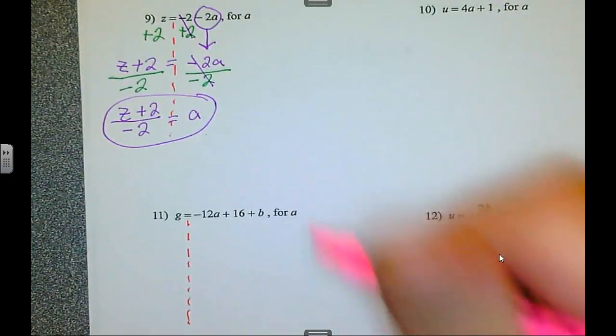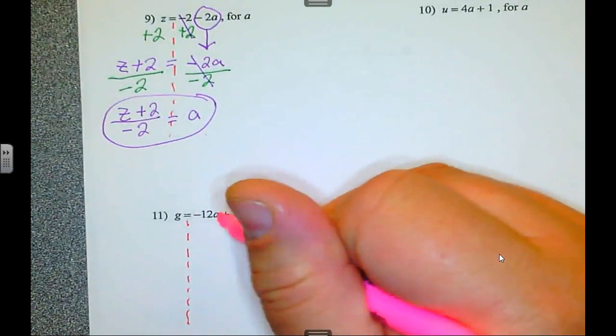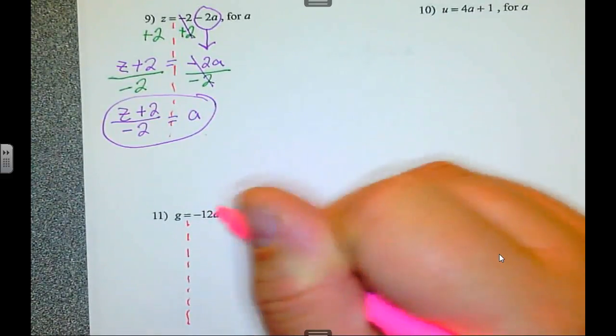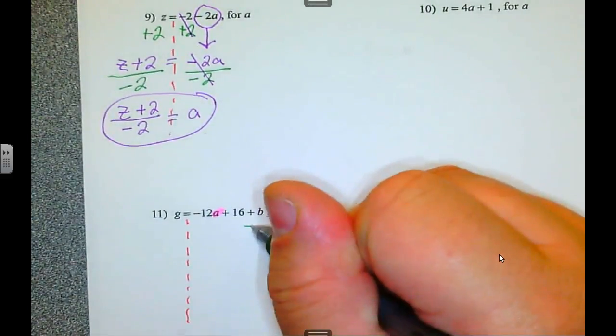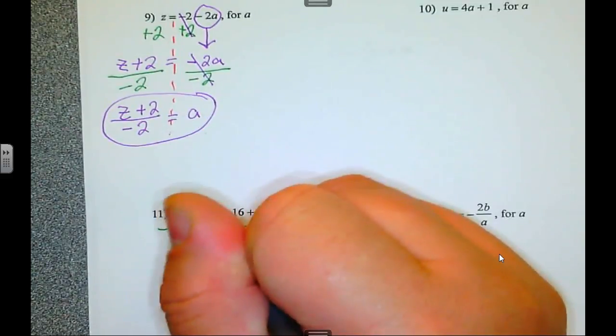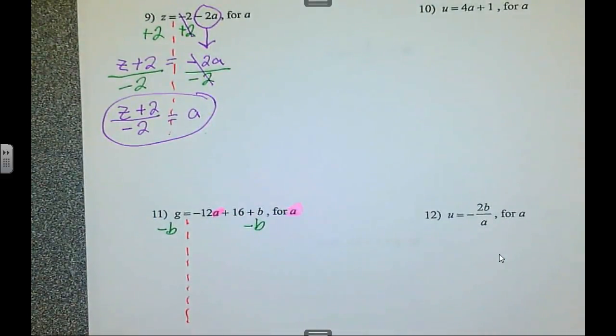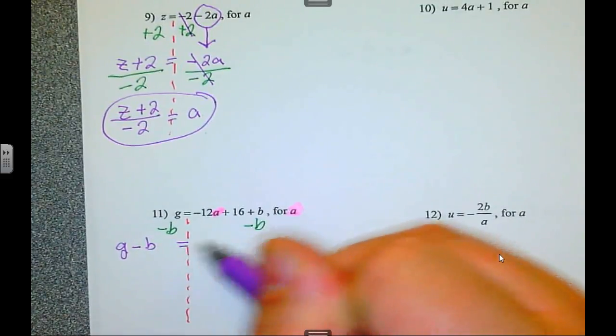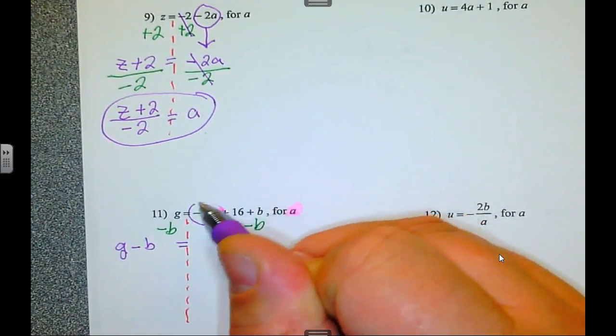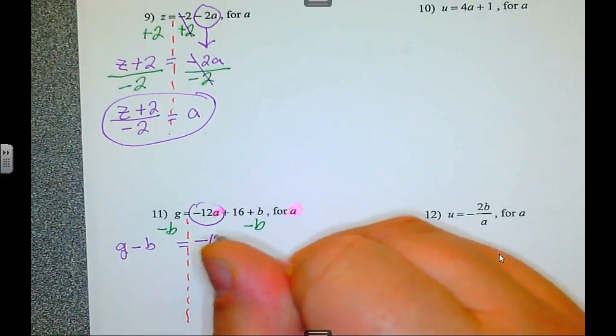Okay, solve for a. Okay, so I got to subtract b. Don't need the b. So I get g minus b equals, careful, I have a negative sign there again.